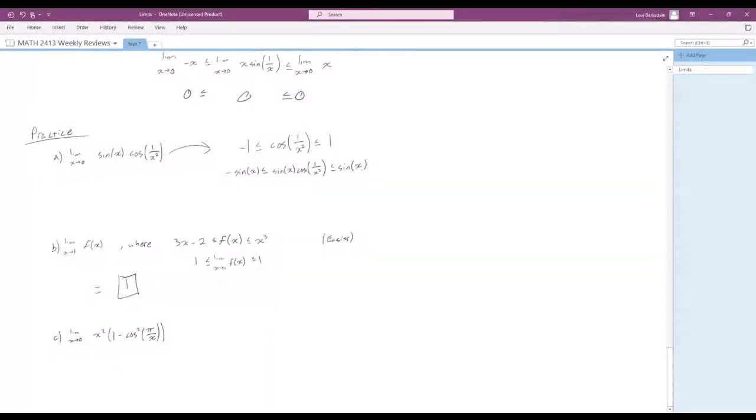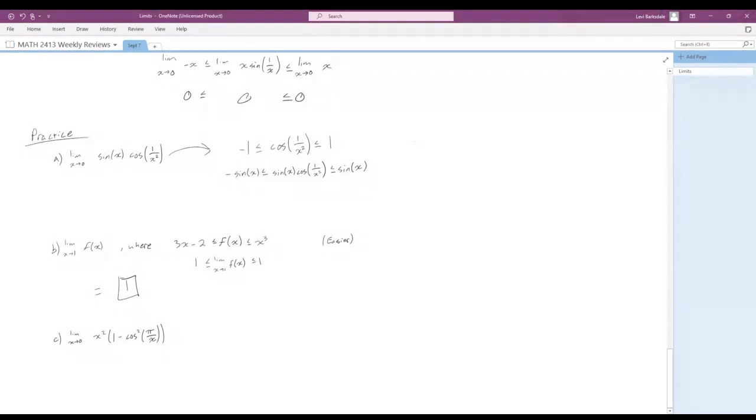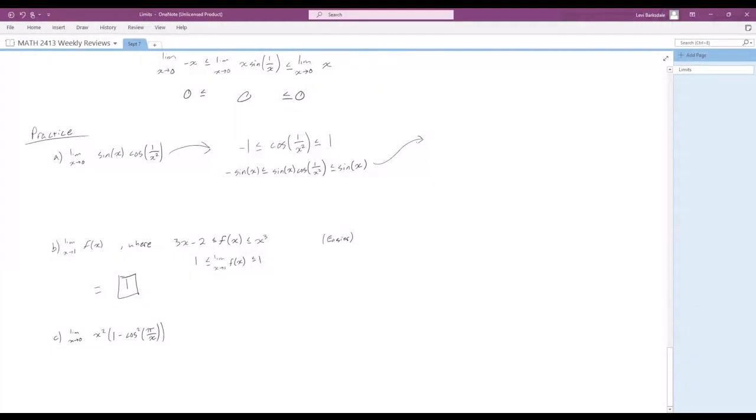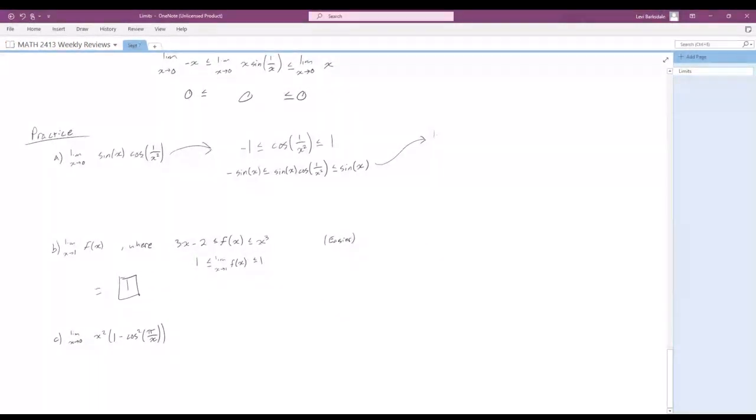Good, good. Now what? Okay, and now I forgot. Okay, don't worry. Let's try and write it with the limit statements. How about that?